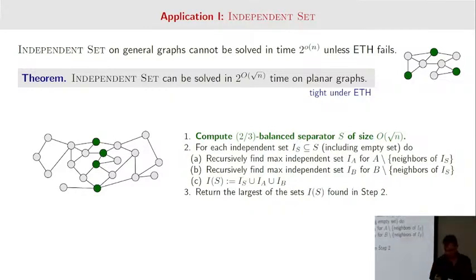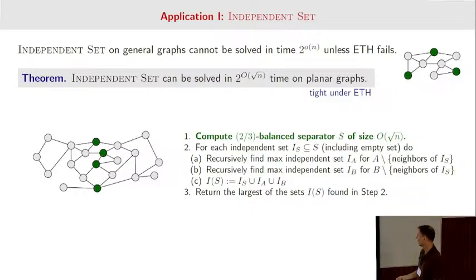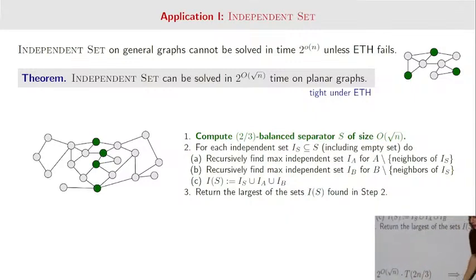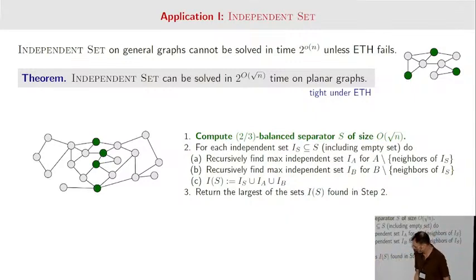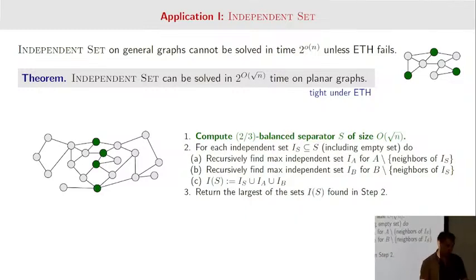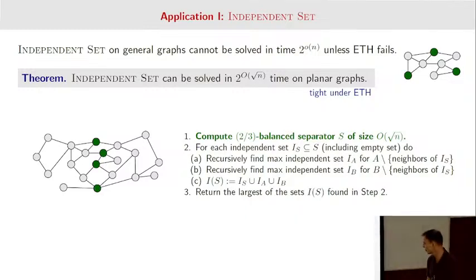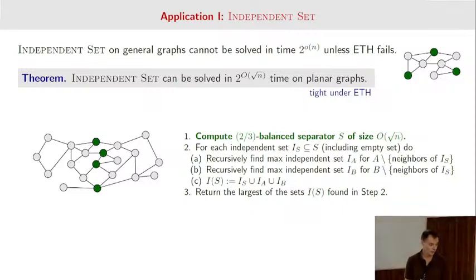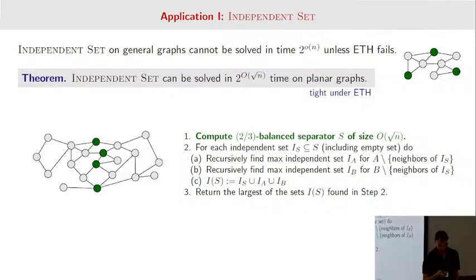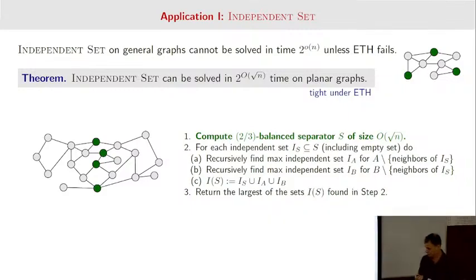And that's all. You will get a running time which is 2 to the square root of n, that's the number of things we try, times, well, I recurse on a fraction of the nodes, and that solves to 2 to the square root of n. And this is actually, again, best possible if you assume the exponential time hypothesis.